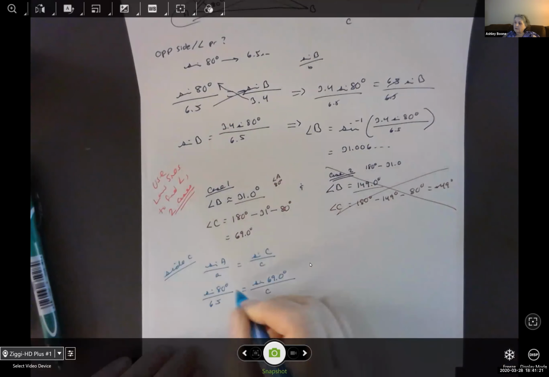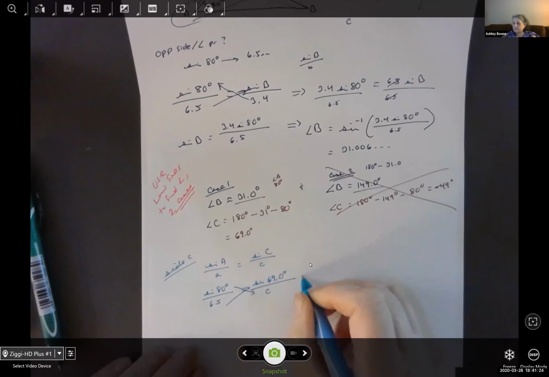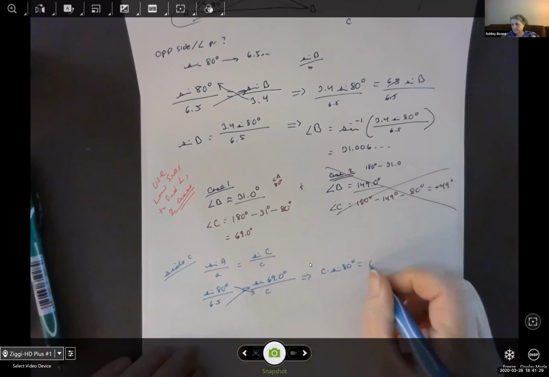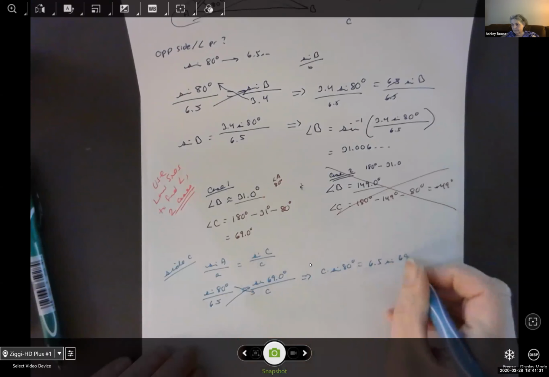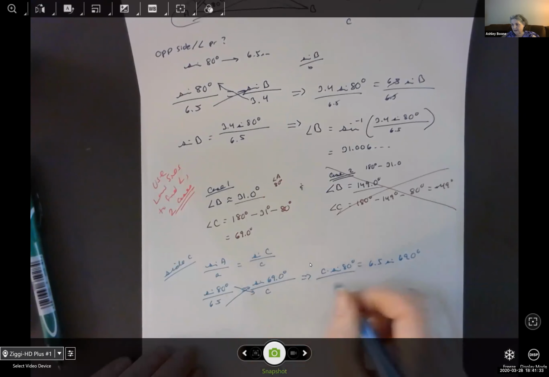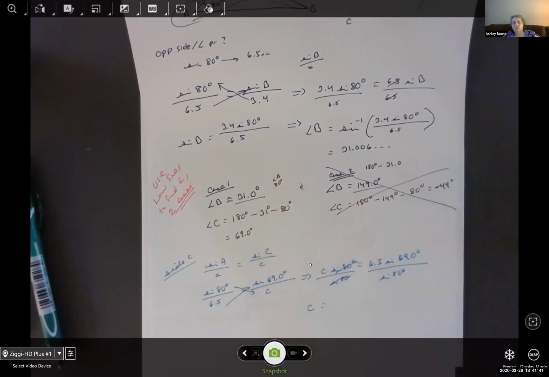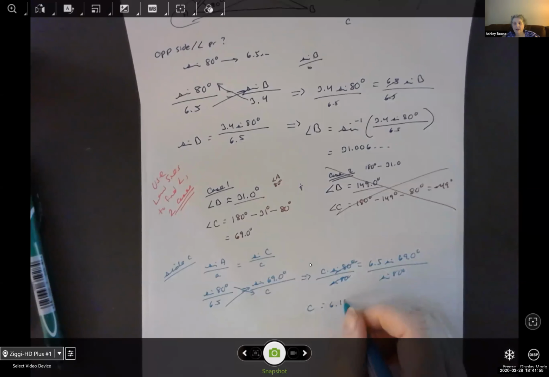So again, you can cross multiply. Divide by sine of 80 degrees on both sides. And we'll go 6.5 times the sine of 69 divided by the sine of 80, and we get 6.1618, and so on.